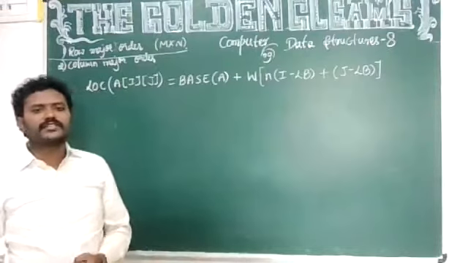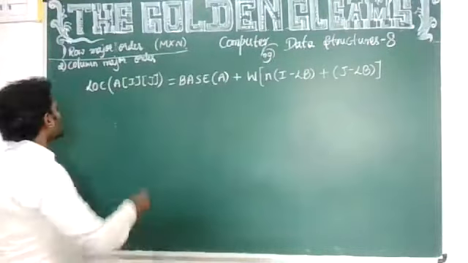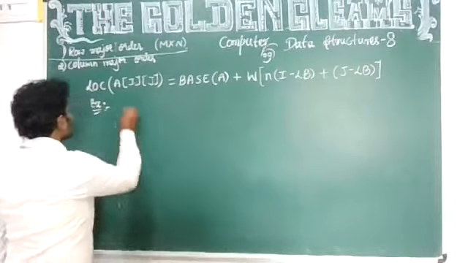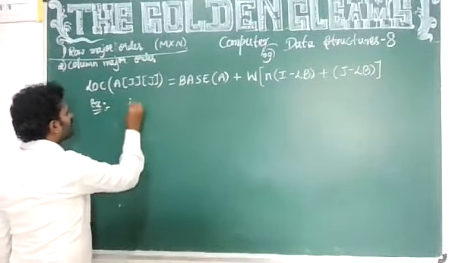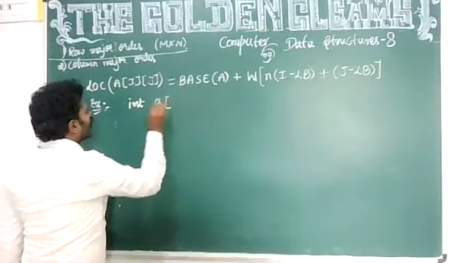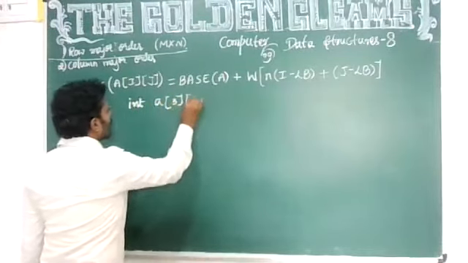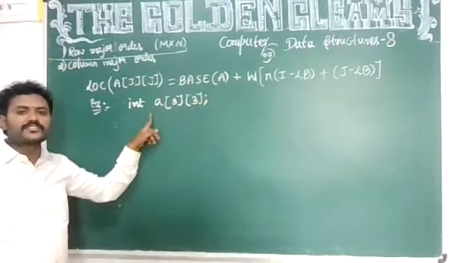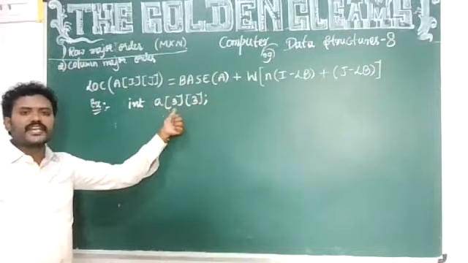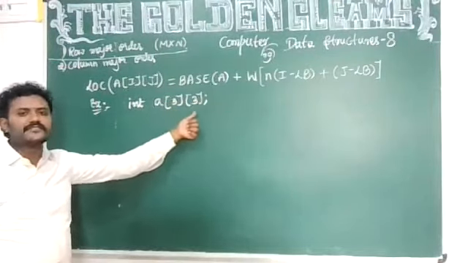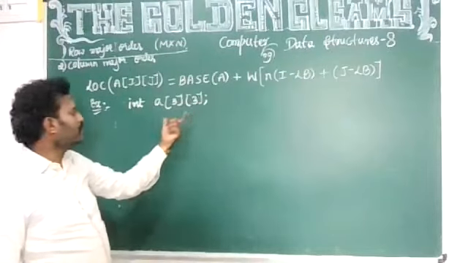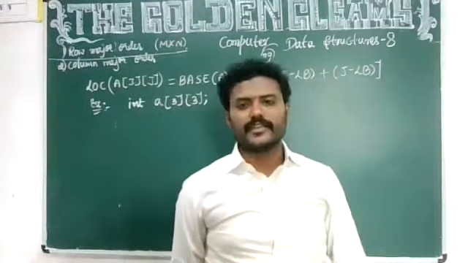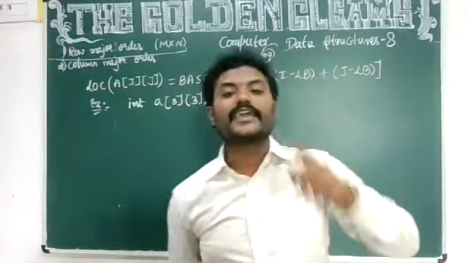This is the basic formula by which row major order elements are stored in memory. And how do we represent row major order? Just consider one example, students. For example, A of 3 and 3. Consider an array named A with row size 3 and column size 3. 3 into 3 is equal to 9, so it can store a total of 9 elements.